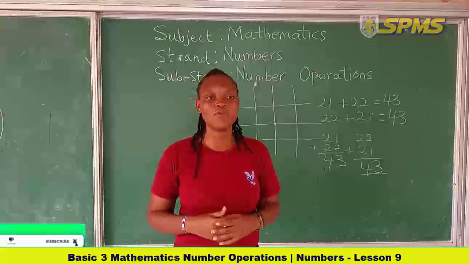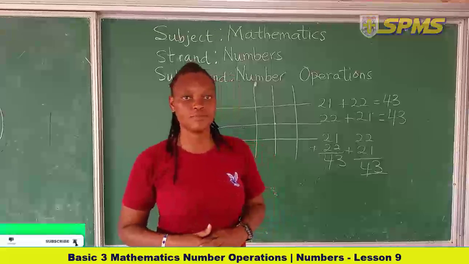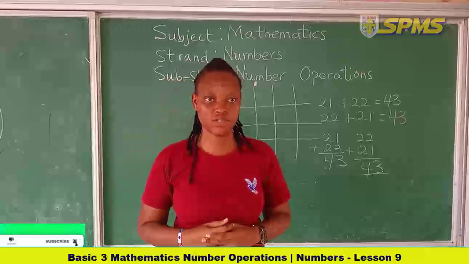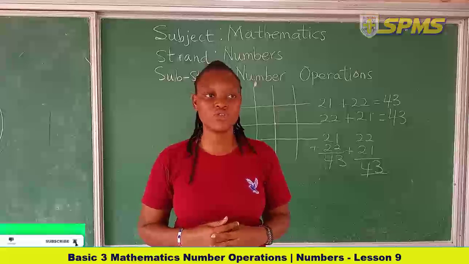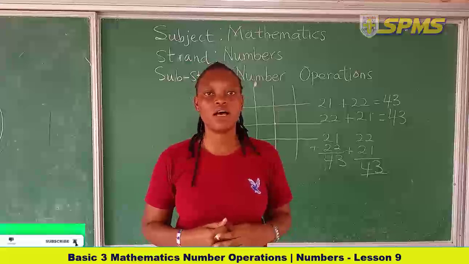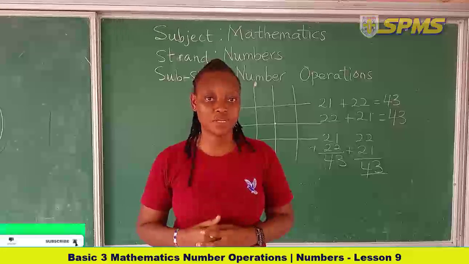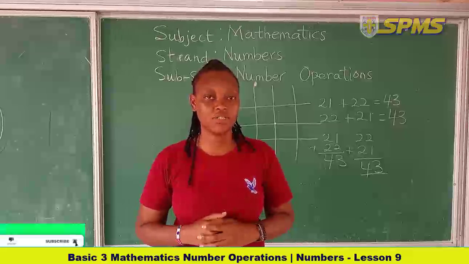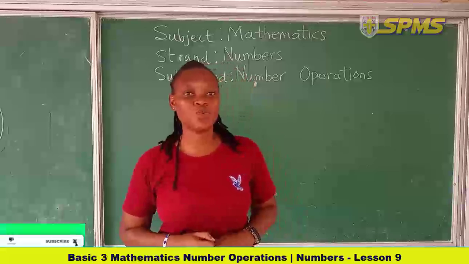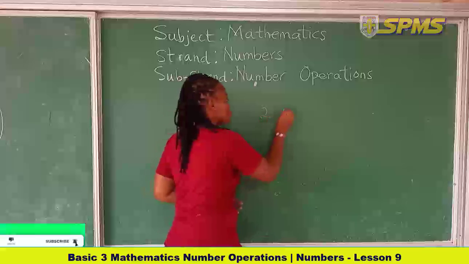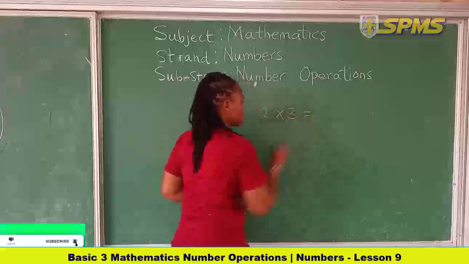Good. So we are moving on to today's lesson, which is what? Multiplication. Today we are going to use rectangular arrays to do our multiplication. So what do we do when we want the result for 2 times 3?